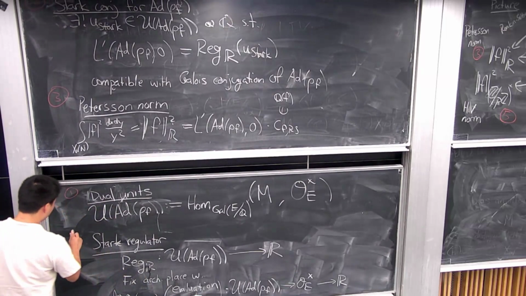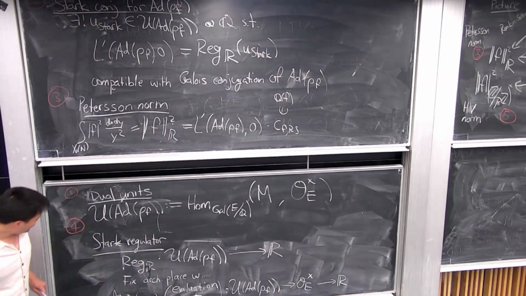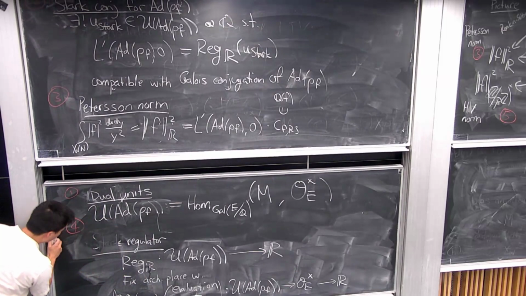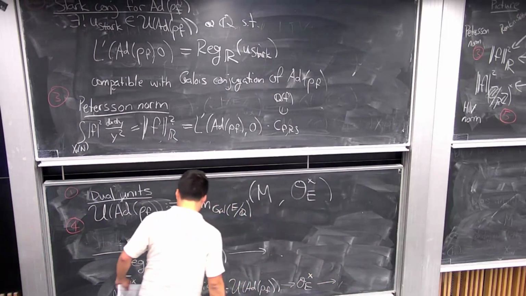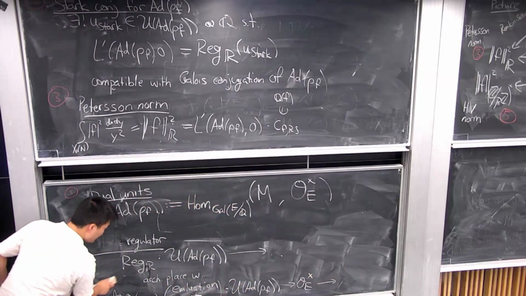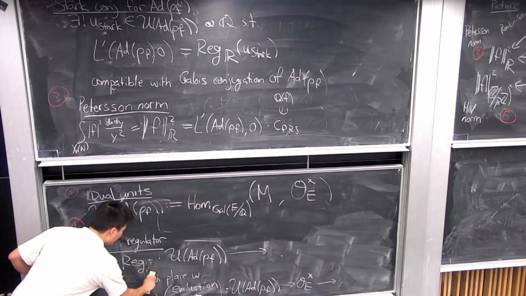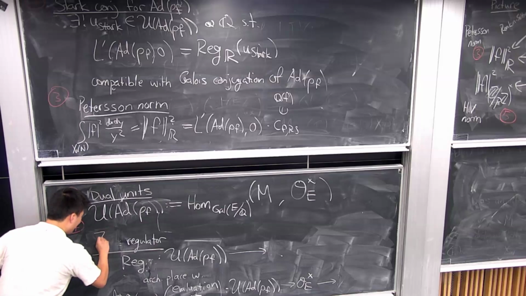Now let me turn this into a floor and remove all these R's. Okay, so I want some mod p regulator map.